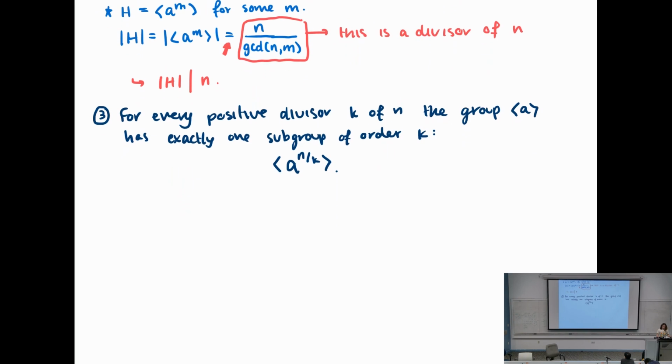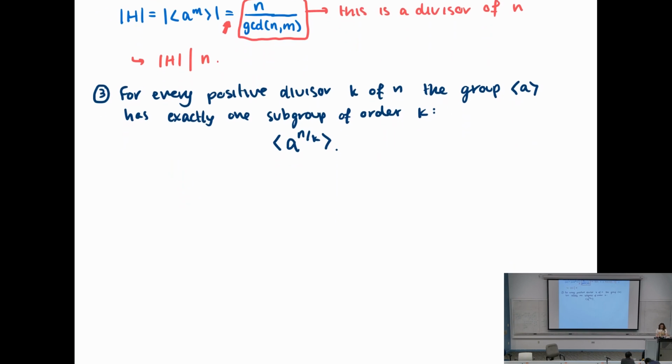Okay, so let's prove the last part of this theorem. We're trying to show that for every positive divisor k of n, this group has exactly one subgroup of order k, and it's given by this thing. So let k be any positive divisor of n.